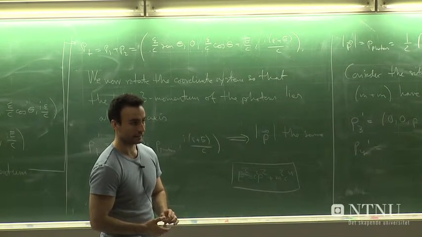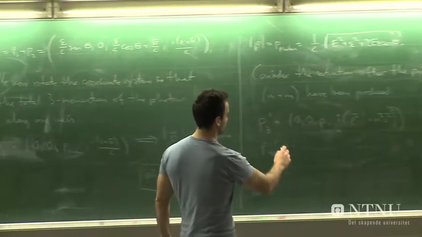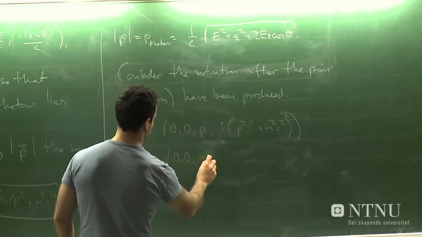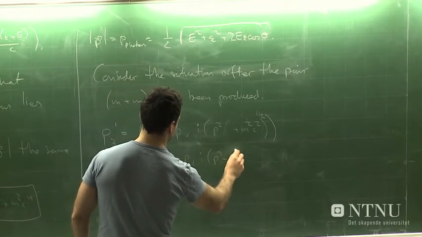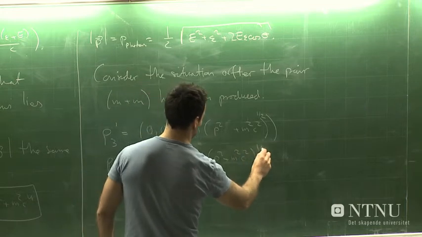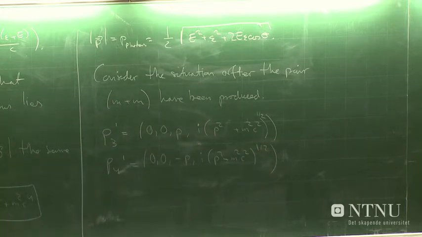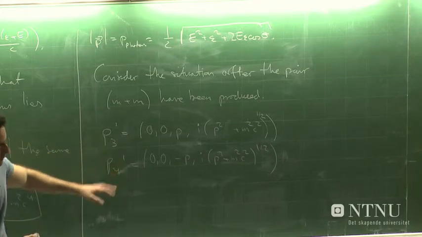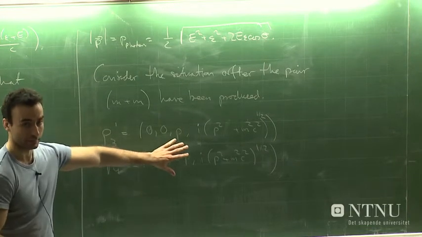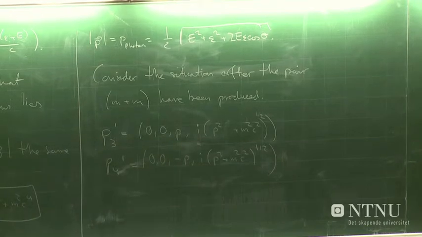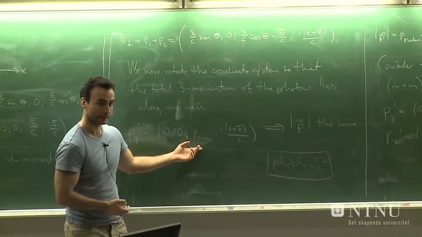But in that case, so you mean like this? Like this? Okay. So in that case, the total 4 momentum after the collision would have 0 3 momentum. But that would violate the fact that we need a finite 3 momentum.